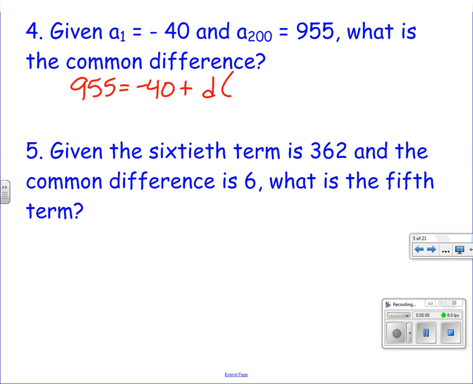So N comes from the subscript. There you go. Okay. What could you write instead of 955 if you wanted? Yep, A200, and then you would plug in 955. Okay, so some of y'all do it different ways. Okay. All right, good, Cheyenne.